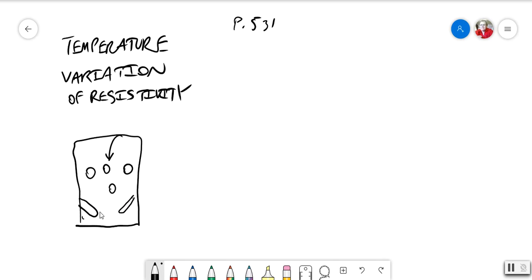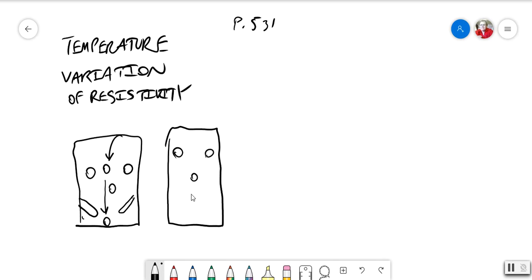Now, if you're not hitting these paddles, the ball just falls down. You're not interfering with it. You're not, shall I say, resisting it. But if you're tapping these paddles up and down, you might knock the ball back up. Okay, so what does this have to do with temperature variation of resistivity?